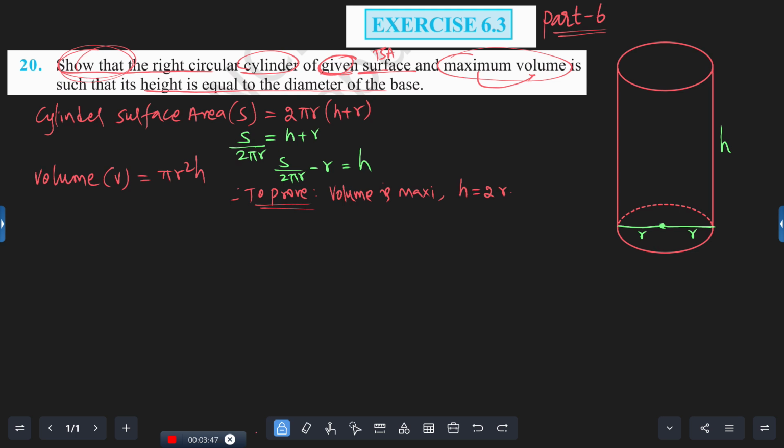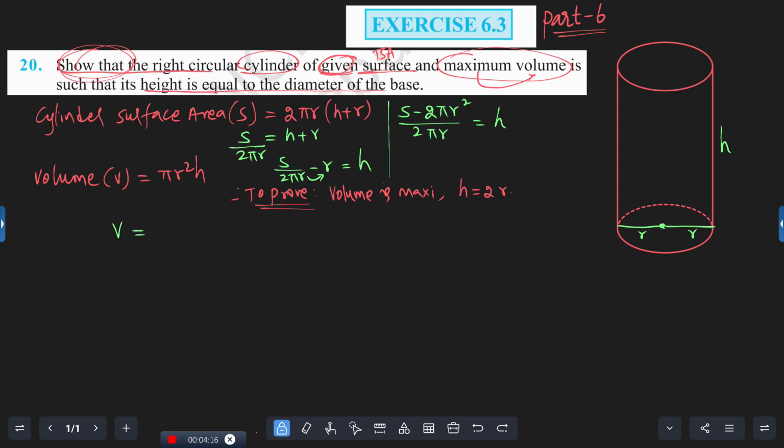If you cross multiply, what I am getting is S minus 2 pi r into r square, divided by 2 pi r, which is equal to h. This is the h value. Take the h value and substitute in this. Let's see what I am getting.